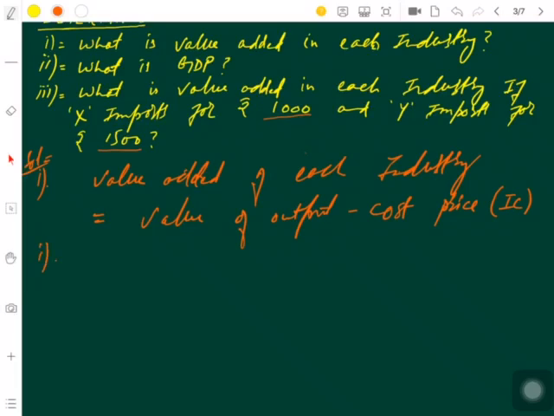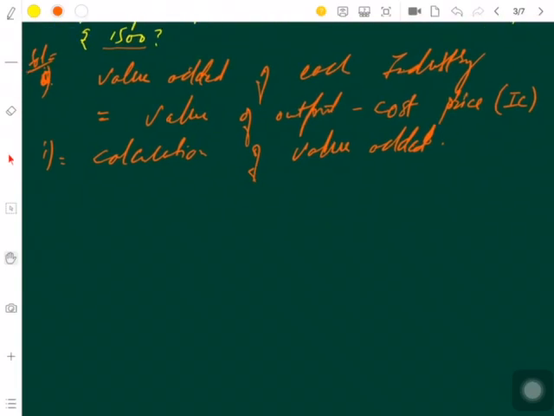So number first, now we will do that. Calculation of value added. For that we will make a small table like we have made already. Number first thing will be transactions.